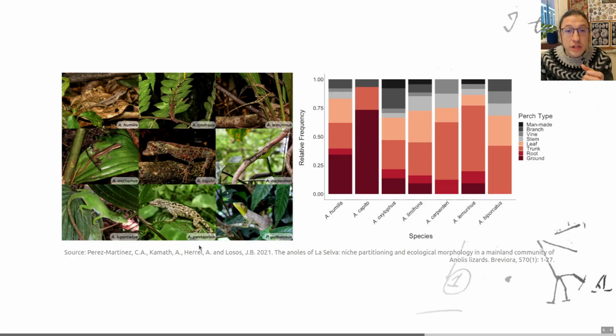But what's really interesting is that on closer inspection, those ecomorphs seem to comprise a different species on each island of the Greater Antilles. So it appears that on each island, the anolis lizards have evolved a consistent set of morphological adaptations independently of the other islands. And all of those are convergent examples of an adaptive radiation within the anolis lizards.